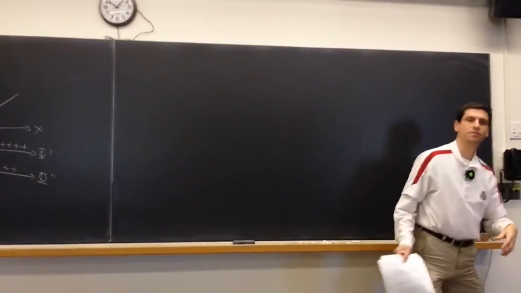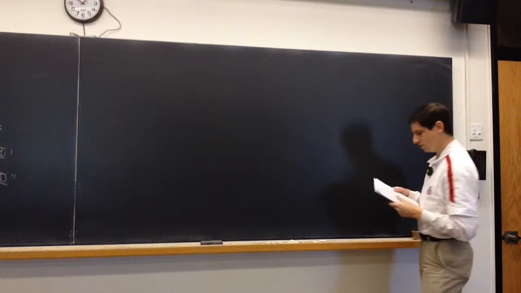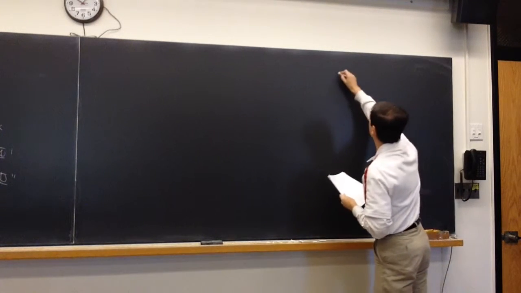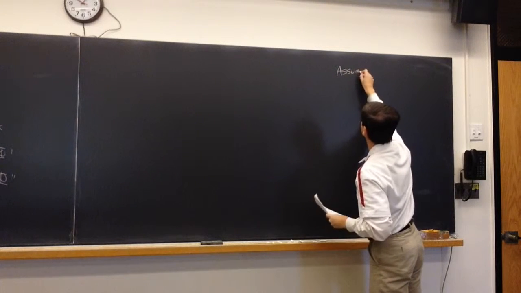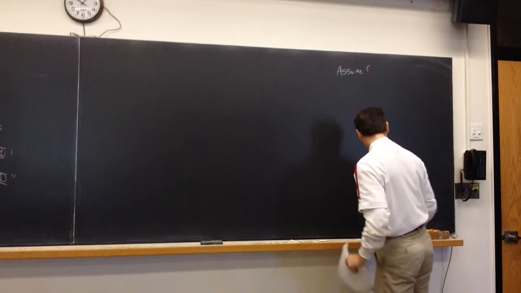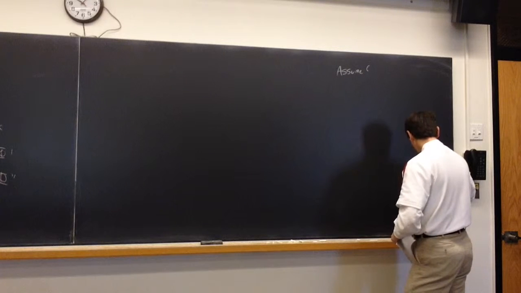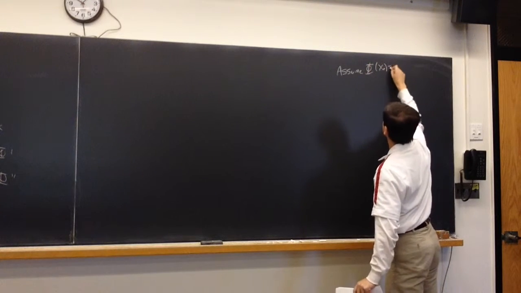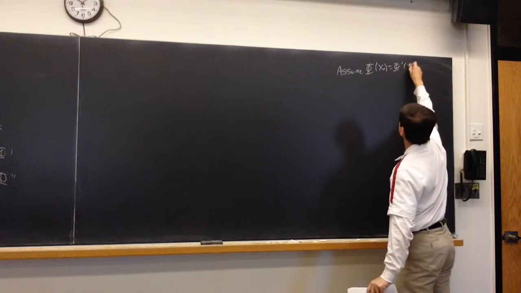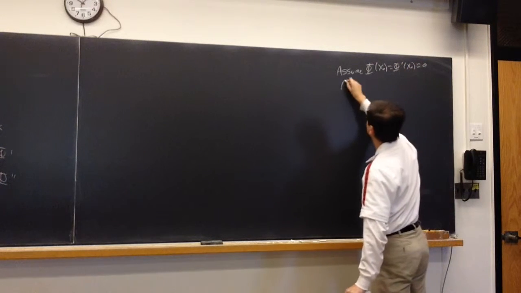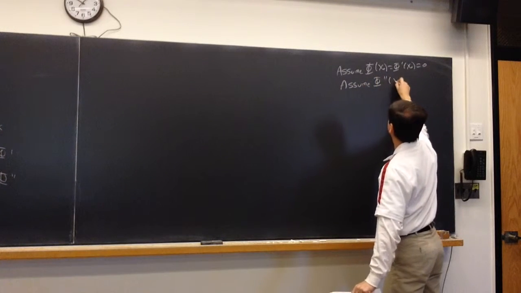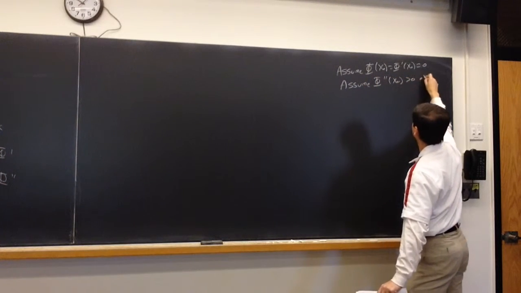All right. So now let me try to write the statement. So we'll assume phi of x0 equals phi prime of x0 equals 0. We'll assume phi double prime of x0 is greater than 0 otherwise.